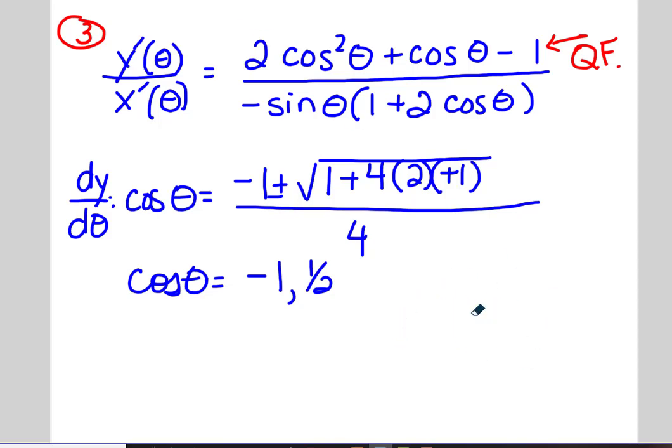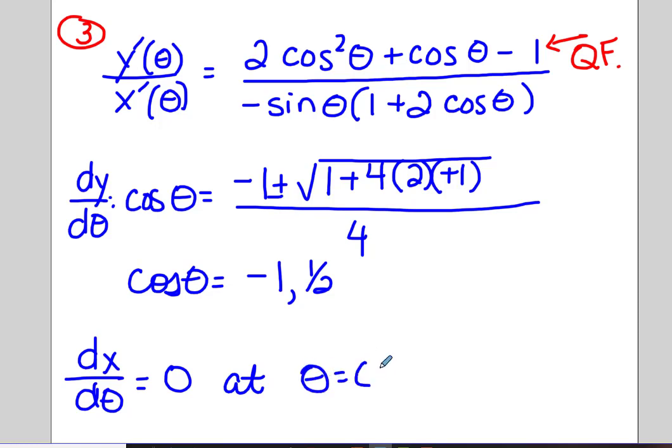And then looking for dx d theta, where dx d theta is 0. So where's that 0? That happens at theta equals 0, pi, 2 pi over 3, and 4 pi over 3, solving for all of these cases.